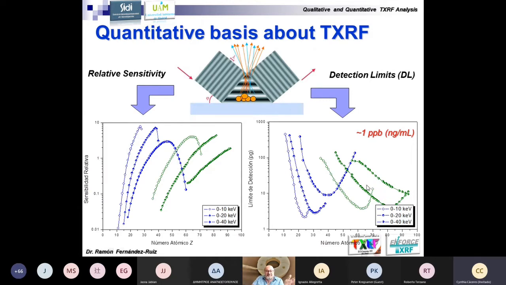But the actual results obtained with new generation spectrometers allow us to obtain detection limits down to the femtograms region and down to the ppb. In fact, this detection limit depends on very many things.